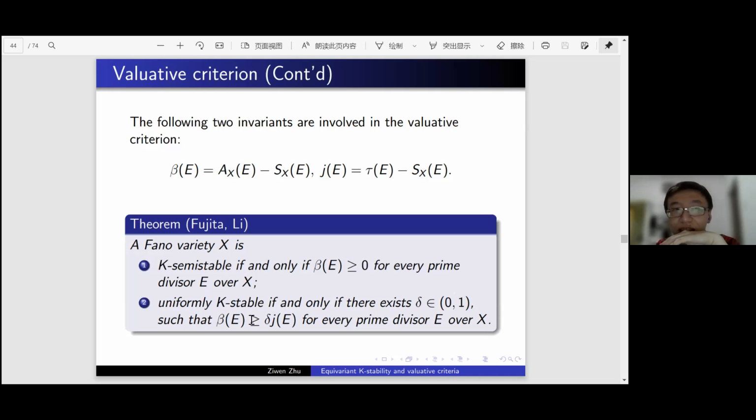There's one paper by Odaka and Okada where they state that if X is birational superrigid, they deduce that X is slope stable. And in fact, their results can be strengthened later.